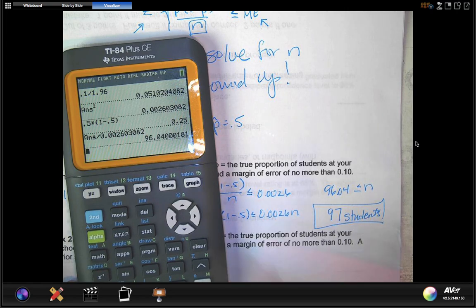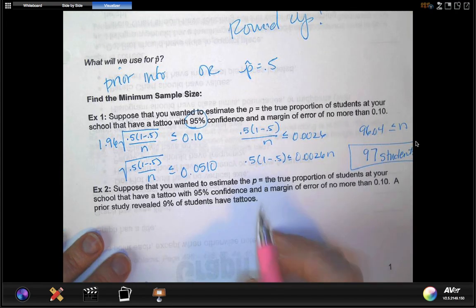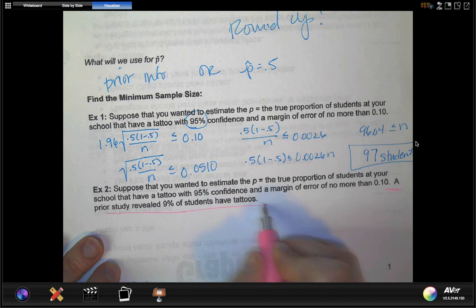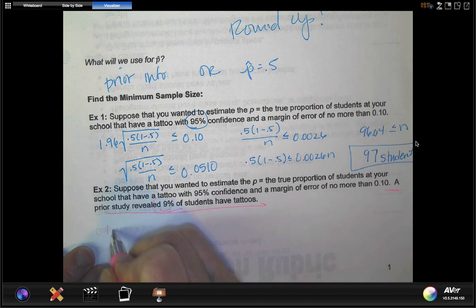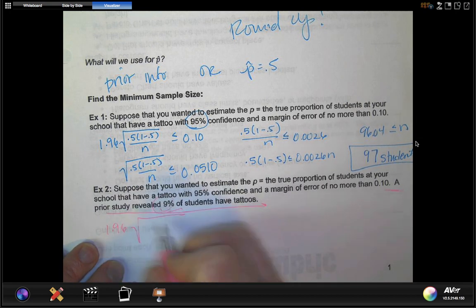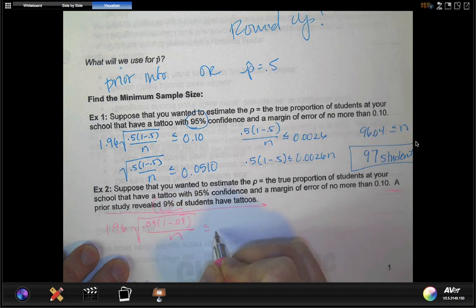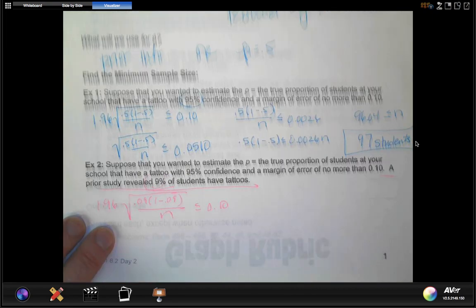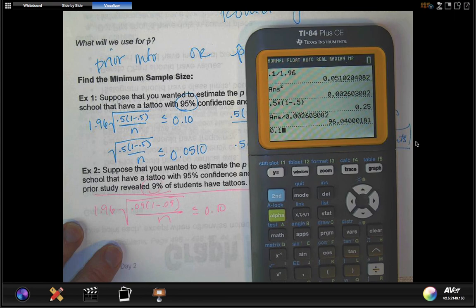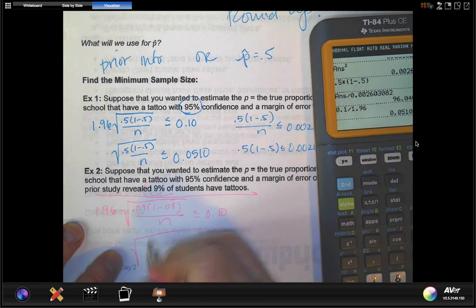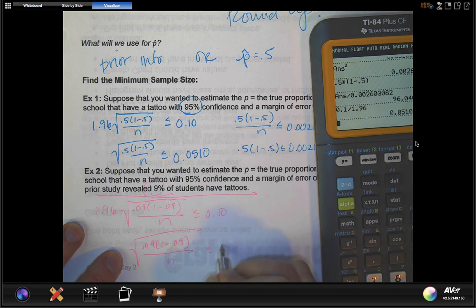Okay, next problem. It looks pretty much the same, but now a prior study revealed that 9% of students had tattoos. So instead of using the 0.5 there, I'm going to use 0.09, 1 minus 0.09 divided by n. This looks pretty much the same again. Oh, sorry, that's not that anymore.